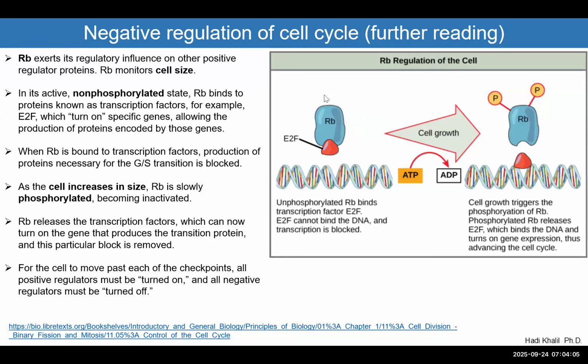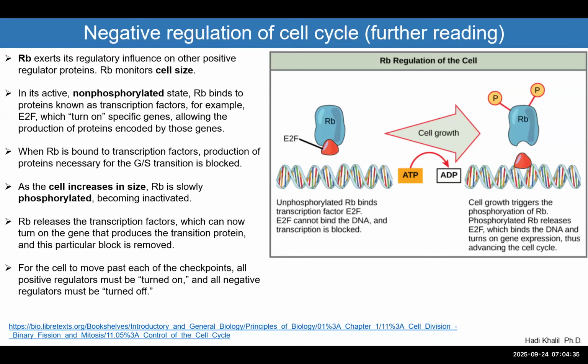In normal conditions, the retinoblastoma is not phosphorylated. And once it's not phosphorylated, the conformational change allows it to bind to the E2F, which is the transcription factor. And reminding you that these transcription factors are proteins that normally bind to the promoters of the genes in order to turn on the gene transcription.